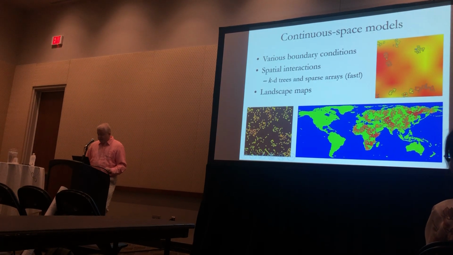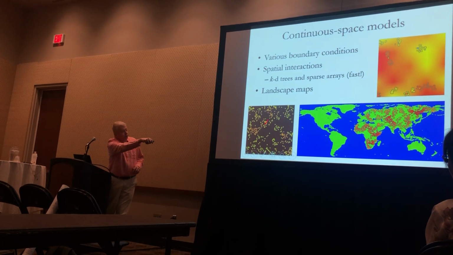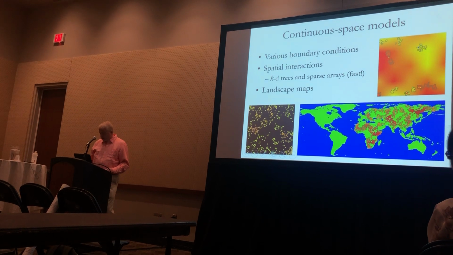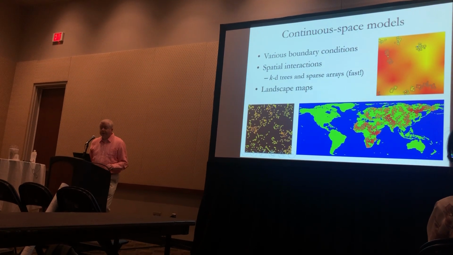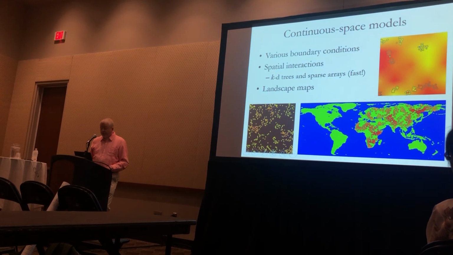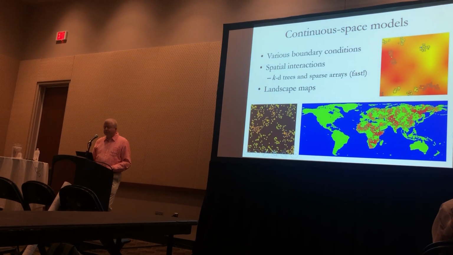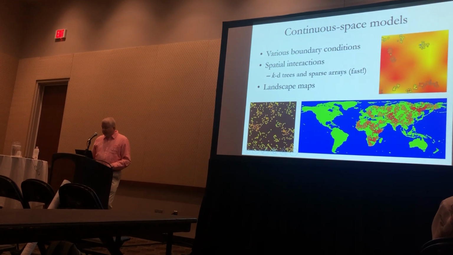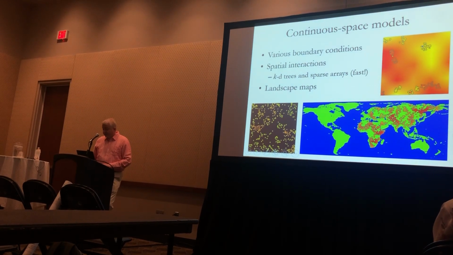So in continuous space models, individuals shown here as the little colored blobs or squares, they live on a continuous landscape rather than in discrete subpopulations. The landscape can have any of a variety of boundary conditions, and SLiM provides a sophisticated spatial interaction engine to make spatial interactions like competition and spatial mate choice really easy and fast.